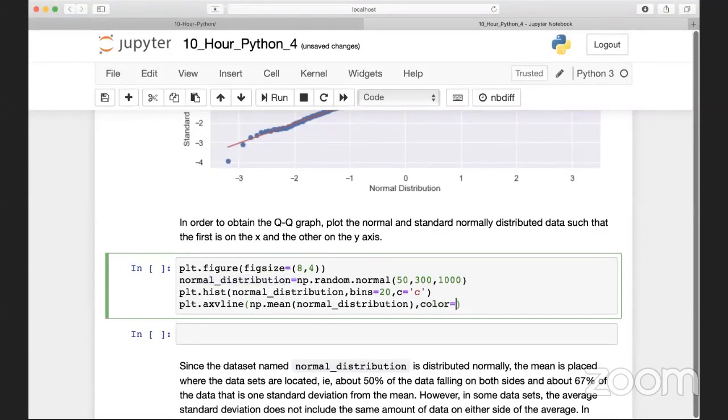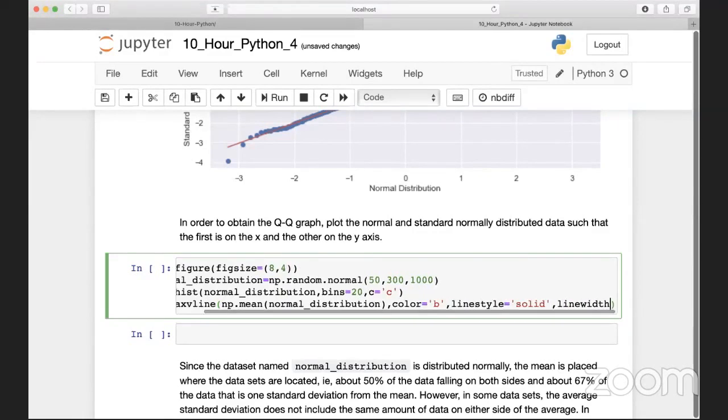I can define the color like b, and I can define the line style as you can do in drawing a line plot. If you choose solid, you will have a solid line. You can declare the line width, which is 2 millimeters.